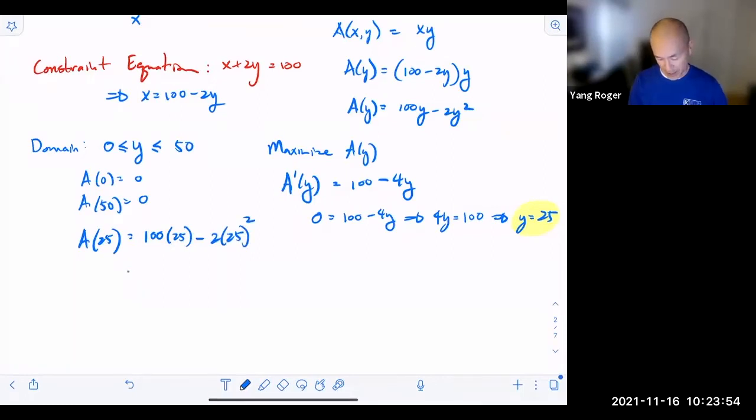And I think if you pop this into your calculator, you're going to get 1,250 feet squared. So according to the closed interval method, that would be your answer.